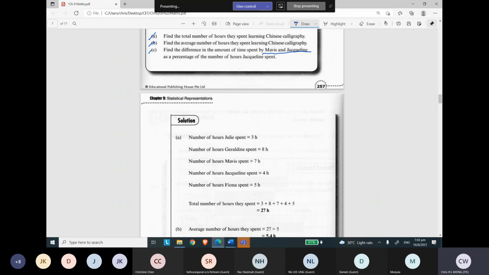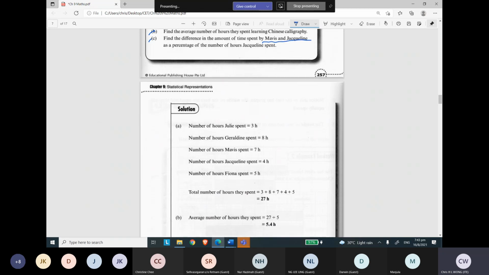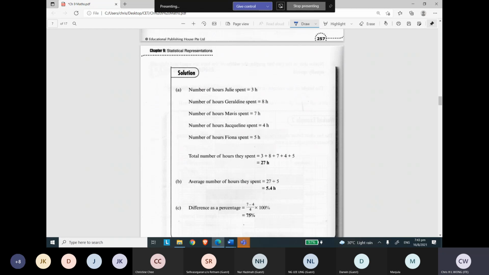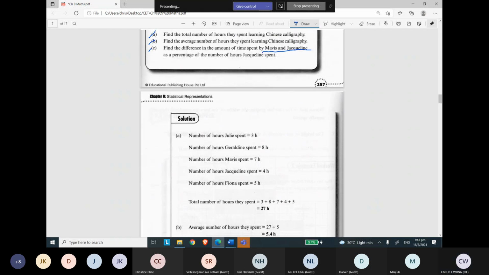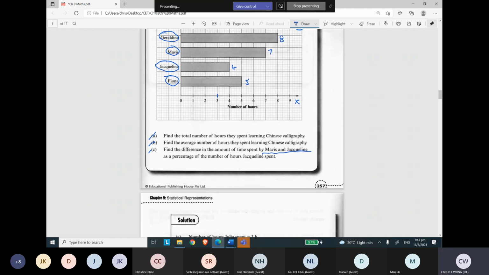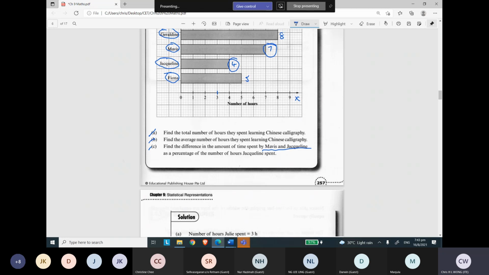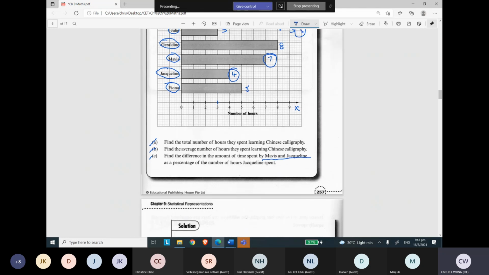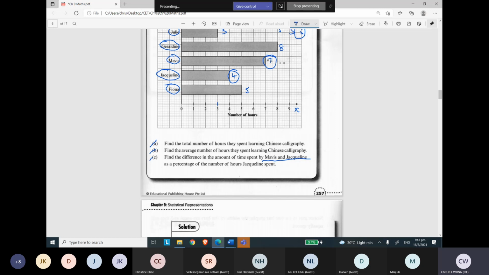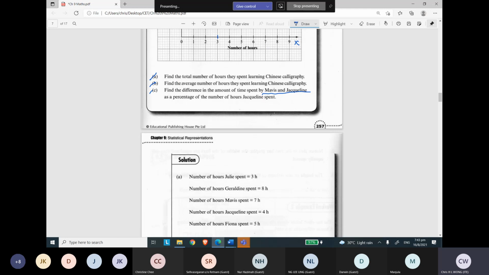Oh, I see. So what they want you to do is, you look at Mavis first. Mavis spent 7 hours. Jacqueline spent 4 hours. The difference between the amount spent between these two is actually 7 minus 4. We all know 7 minus 4, right? And then they ask you as a percentage of the number Jacqueline spent. So first of all, you find the difference, which is 7 minus 4.